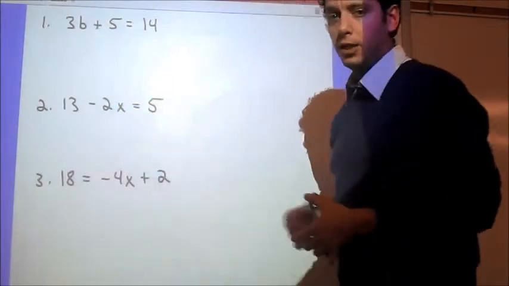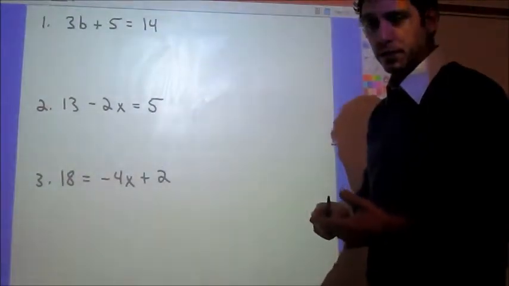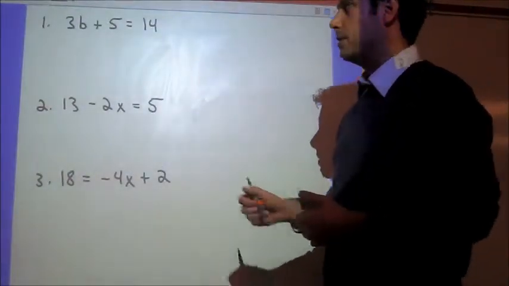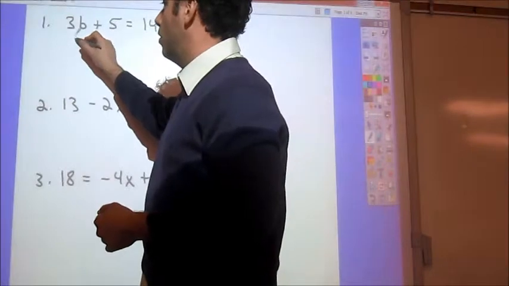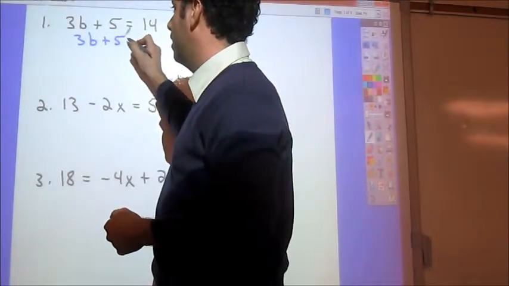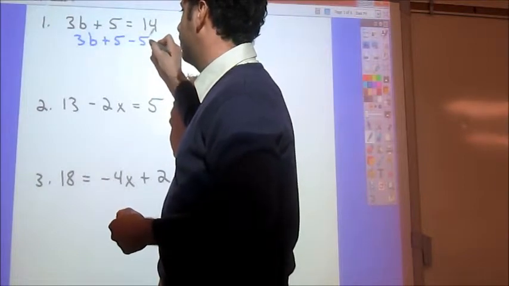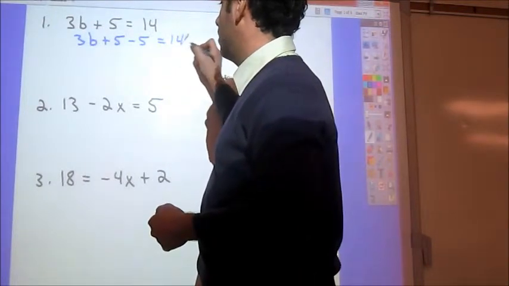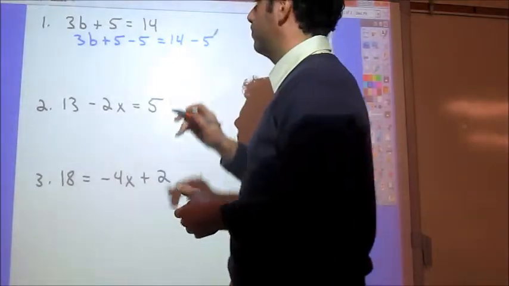What does that look like using algebra? Just regular numbers and symbols? Well, it looks like this. There are actually 2 ways you can show it. 3b plus 5 minus 5 is equal to 14 minus 5.